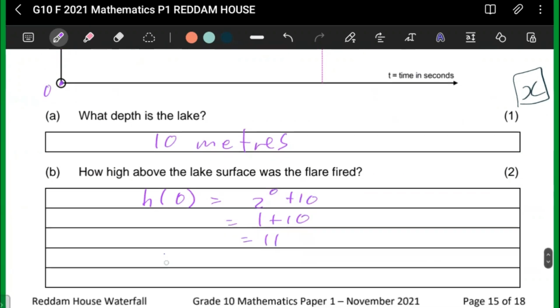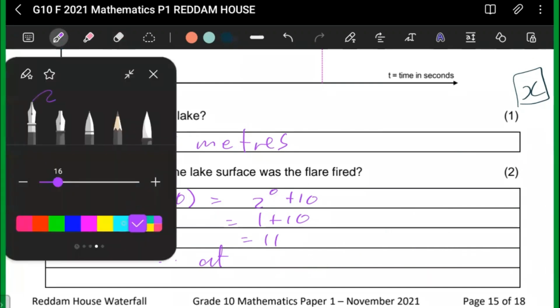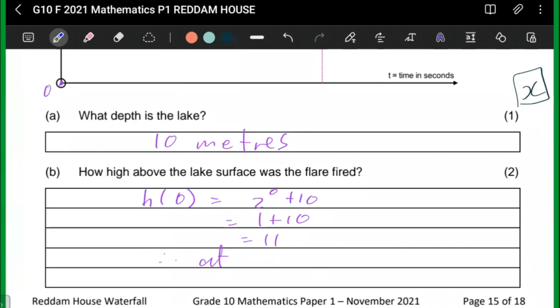So here you can say, therefore, at 11 meters above the... wait, if it's 11, this is 11 meters from the bottom. So if it's 11 meters from the bottom, it is only 1 meter from the surface, you see?